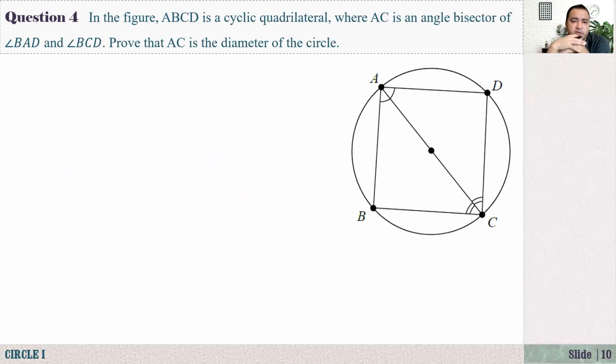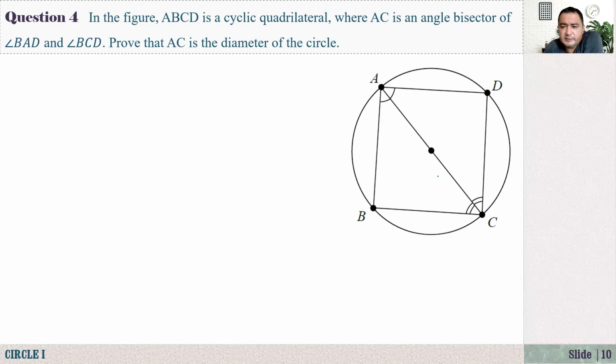Okay, in question 4, in the figure ABCD is a cyclic quadrilateral where AC is an angle bisector of angle BAD and angle BCD. Prove that AC is the diameter of the circle. We have to prove that it passes through the center.